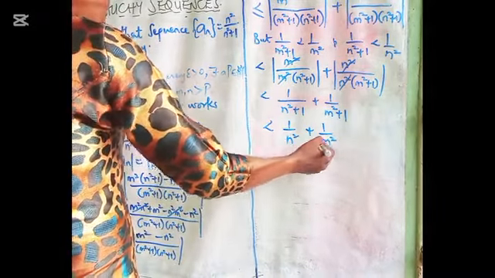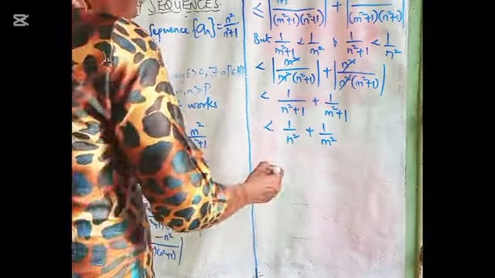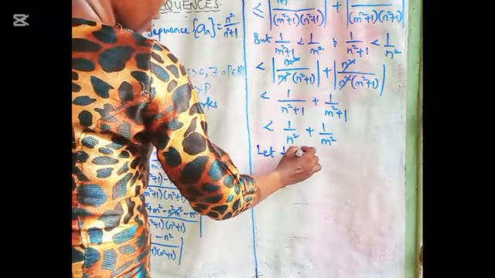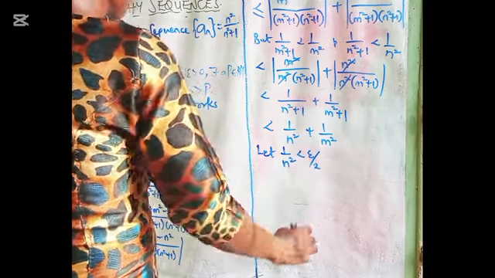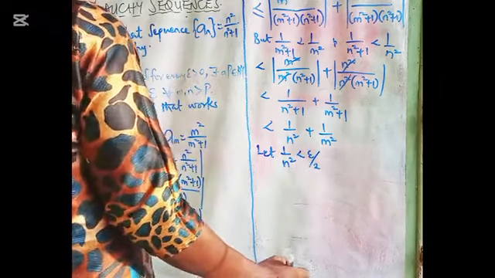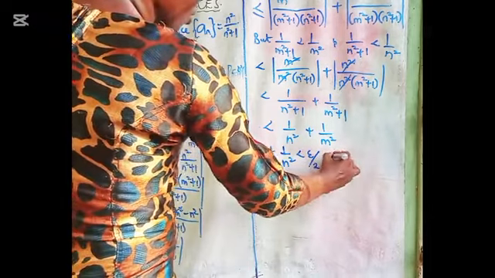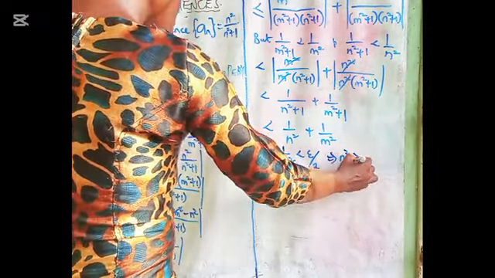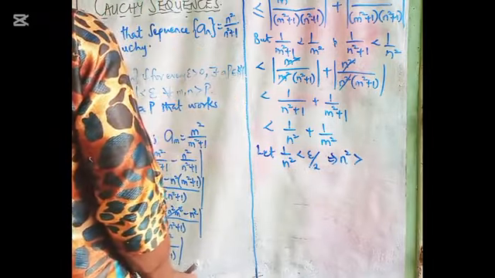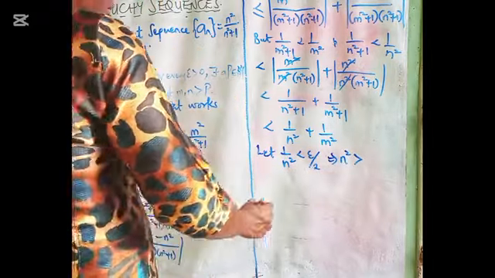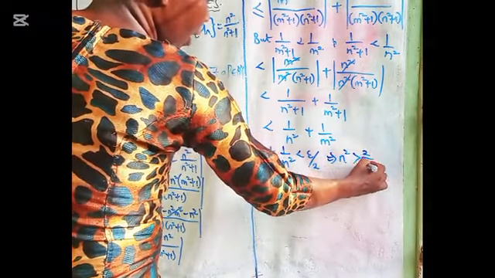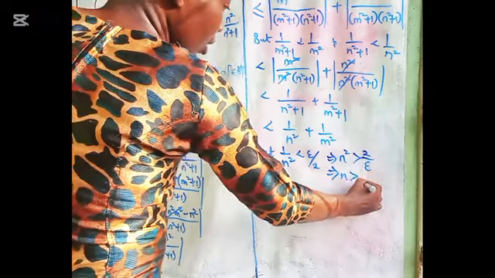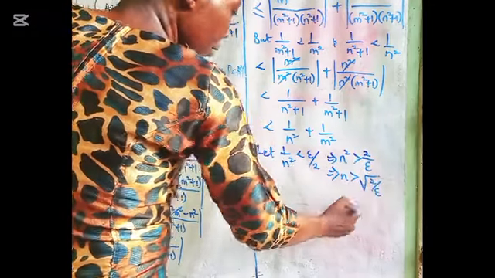Because we want both of these to be less than epsilon, let 1 over n squared be less than epsilon over 2. By the time we solve that, we have our n squared to be greater than 2 over epsilon. And that means that our n is greater than the square root of 2 over epsilon.